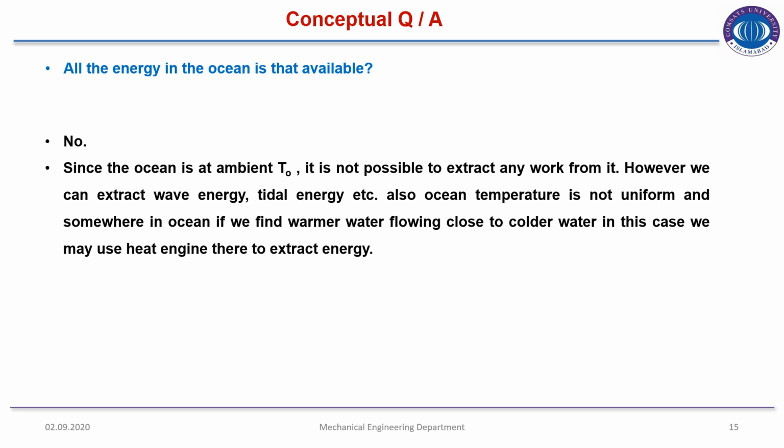For a work producing device like a heat engine, the heat engine works on the temperature difference principle. High temperature heat enters the heat engine, some of it is converted into work and the rest is rejected into the ambient or the sink.